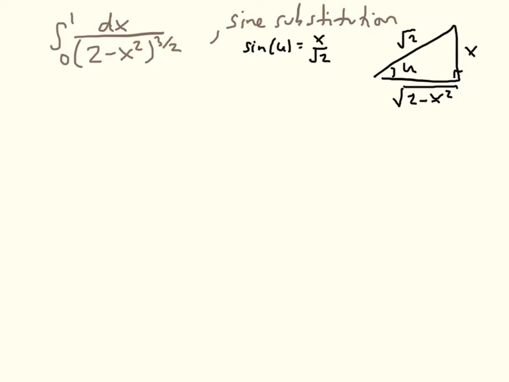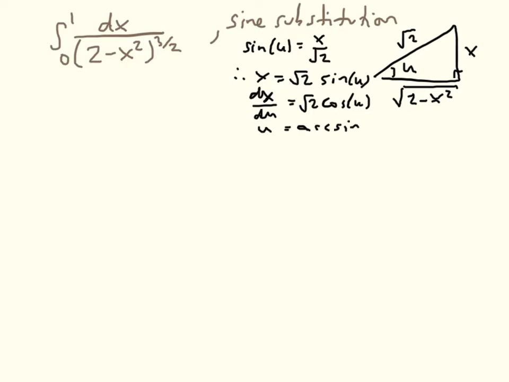So therefore x is the square root of 2 times sine u. dx/du is the square root of 2 times the cosine of u, and u itself is arcsine of x over the square root of 2, which follows just from this. We take the inverse sine function of both sides and we get this.